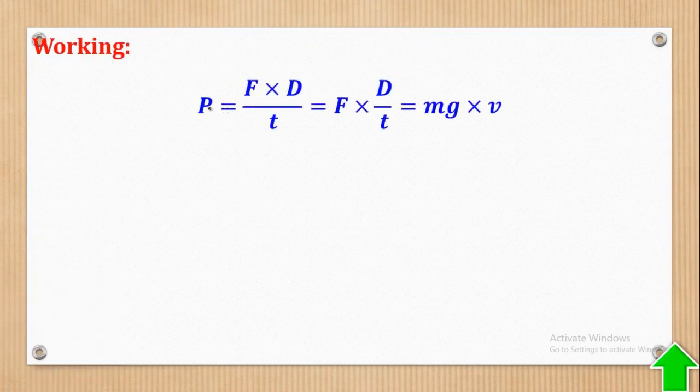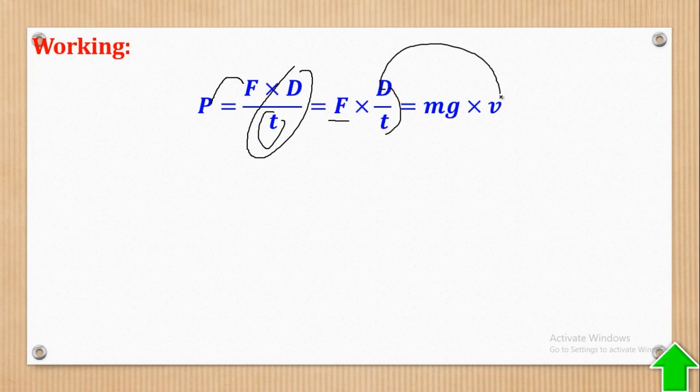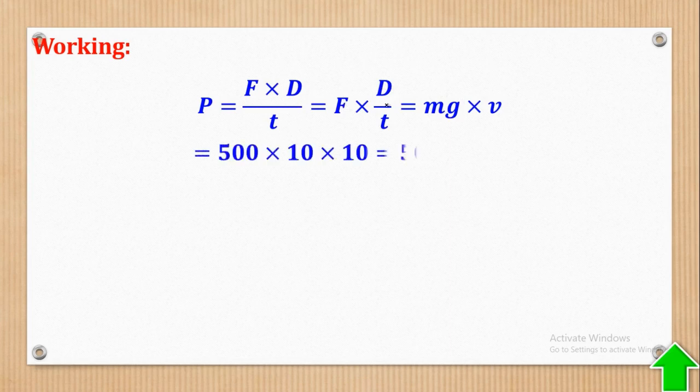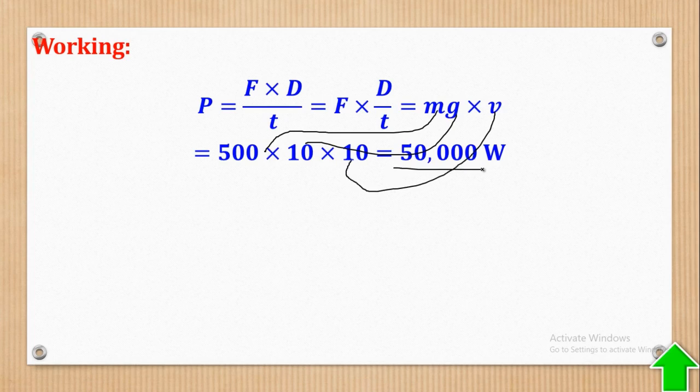So you say that power is equal to work done over time taken. So work done is force times distance and time is t. If I rearrange, I'll come up with force multiplied by distance over time. And know that distance over time is speed, which is velocity, and this force is the weight, which is mg. So I'll substitute for m, for g, and for v and use the calculator to come up with 50,000 watts.